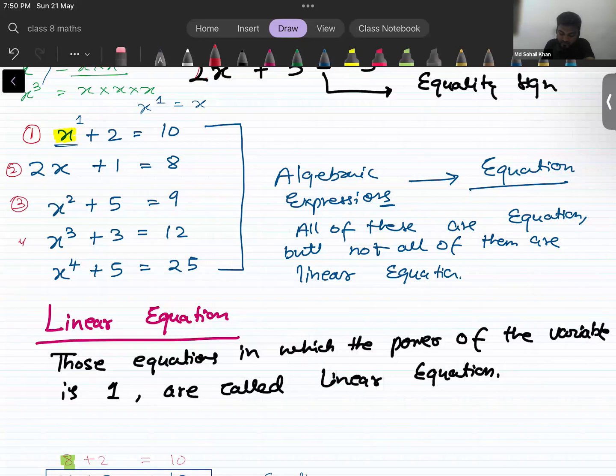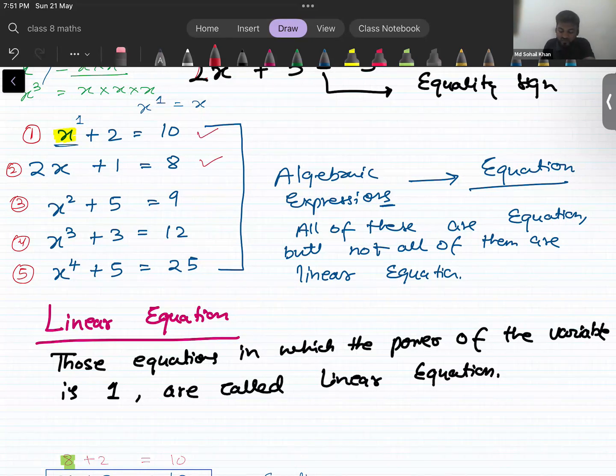See example number 2. So example 2 is an example of a linear equation, and example 1 is also an example of a linear equation. Ahmed, come close to your mic, your voice is not very audible.